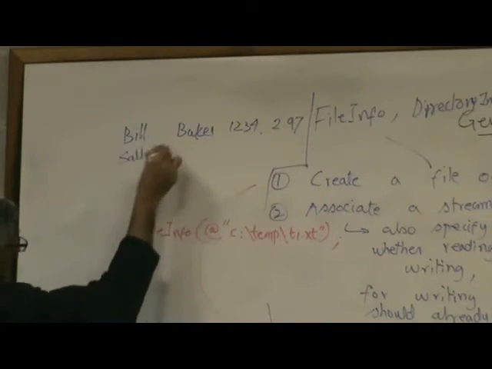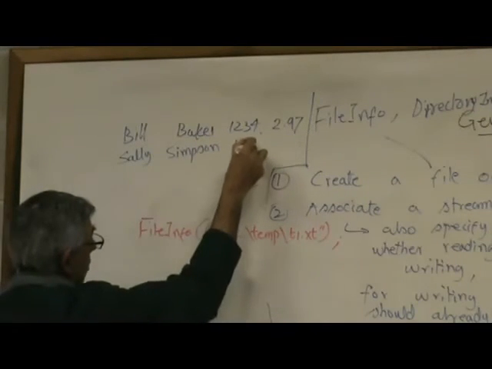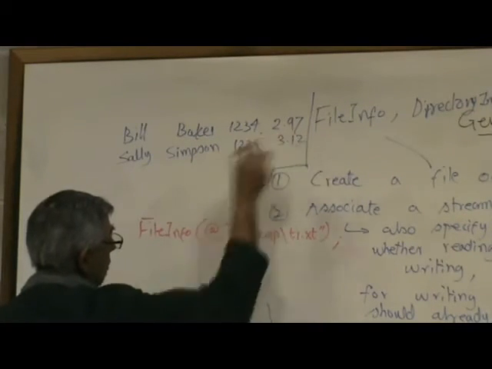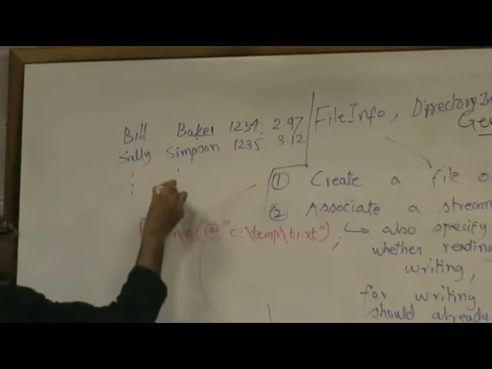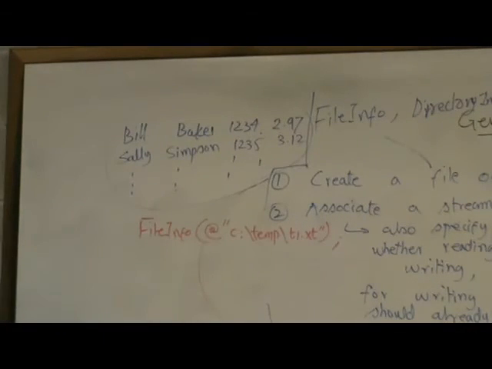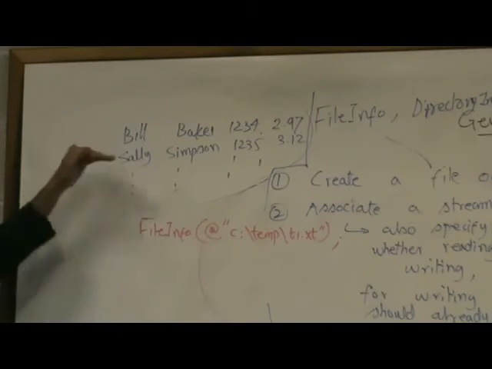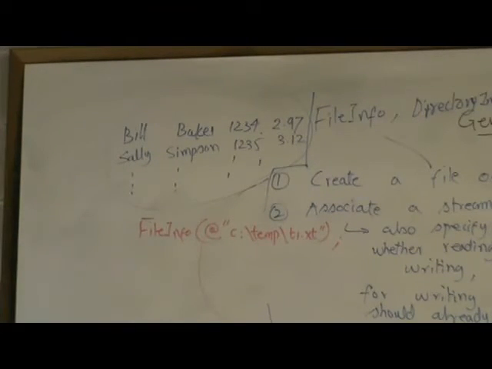So same way, Sally Simpson 1235, whatever, 3.12, right? And so on. So we wanted to read this file, and our goal was to read each student data and then store it in our database.